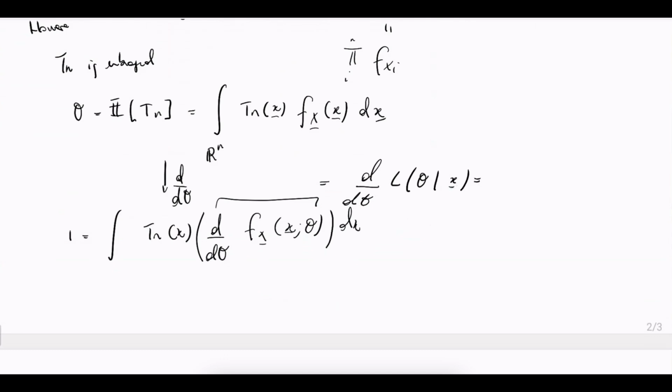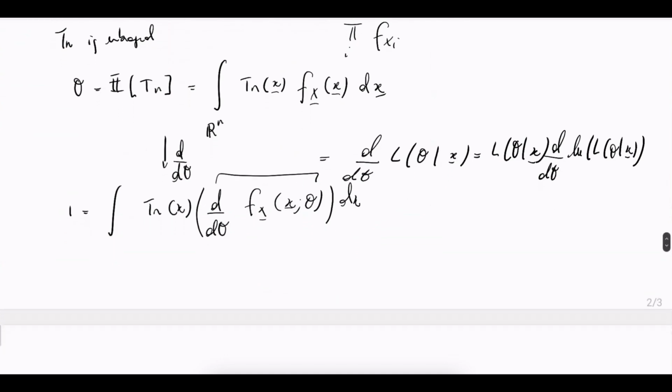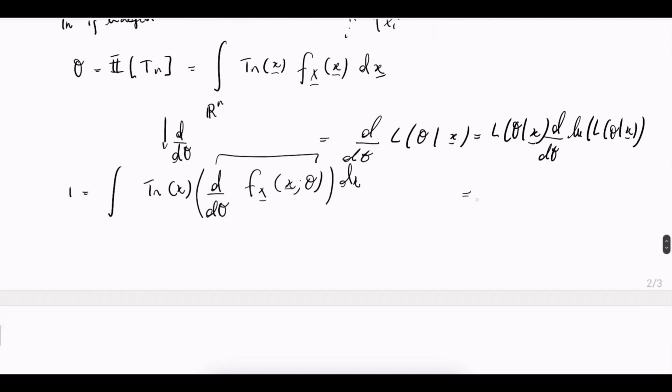And we can write this as the likelihood times, and this is nothing but just rewriting things. Right? So finally, just to conclude, this is the derivative of the log likelihood.